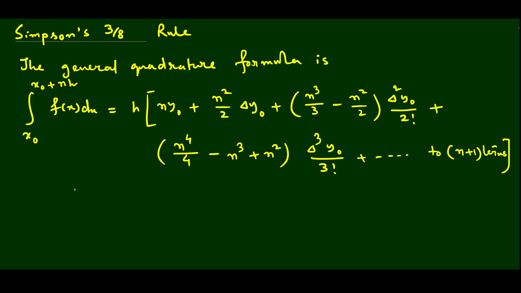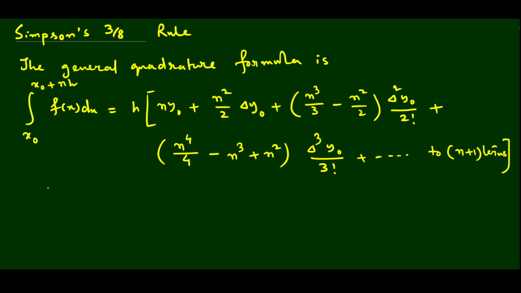Here in Simpson's 3 by 8 rule, we have to take n equals 3, and we have to neglect fourth and higher order differences. In the general quadrature formula, we have written up to delta cube, the third order difference. From the fourth order, we have to neglect.